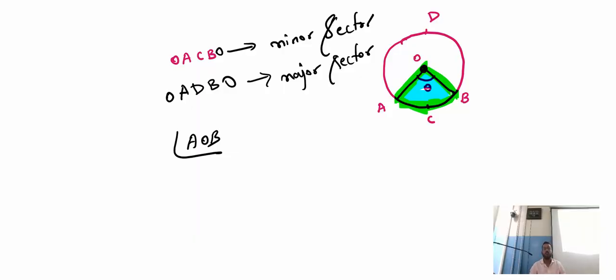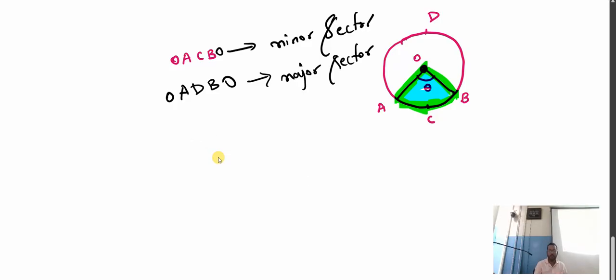Students understood till here? Angle AOB is called the angle of the sector. But usually we take the symbol theta for the angle. I hope you have understood till here. Now, take one note.